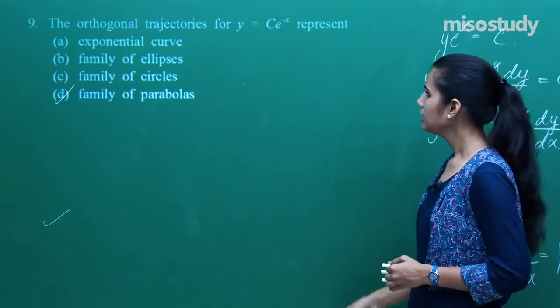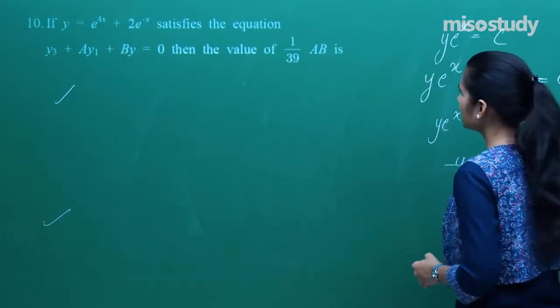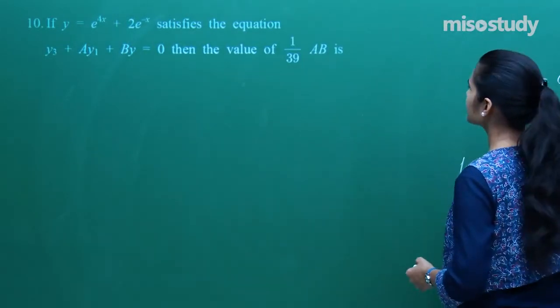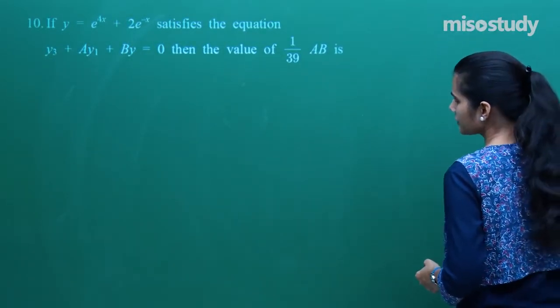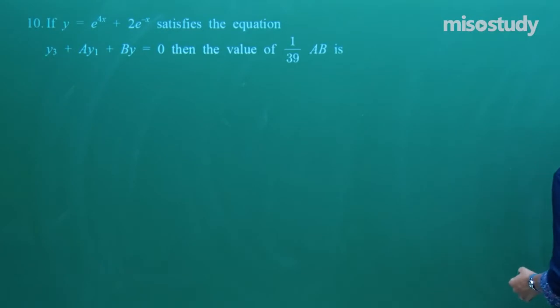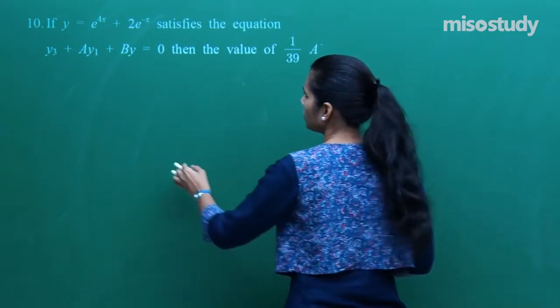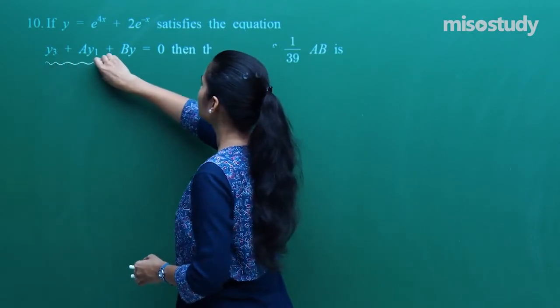Fine. Next we have y given to us as e to the power 4x plus twice of e to the power minus x. It is given that it is going to satisfy this differential equation. Then what is the value of 1 by 39 times a into b? So this equation is basically requiring third derivative, first derivative.